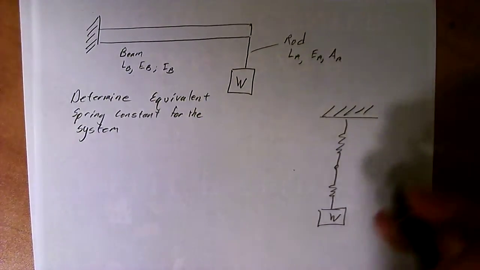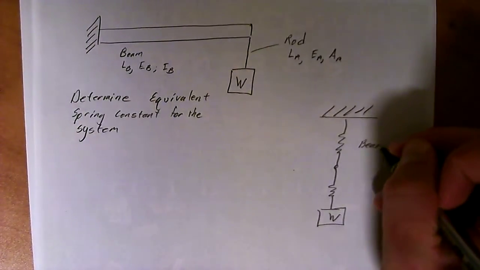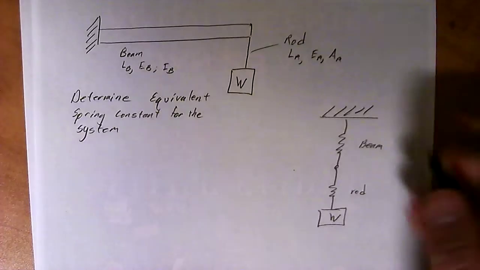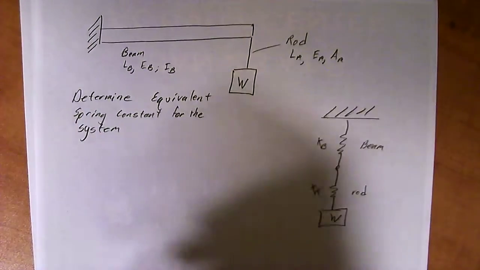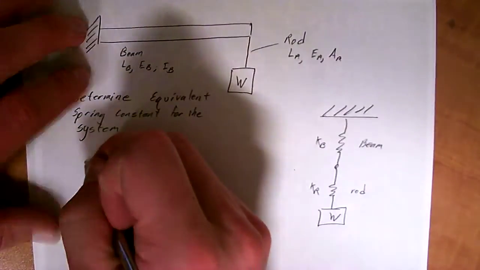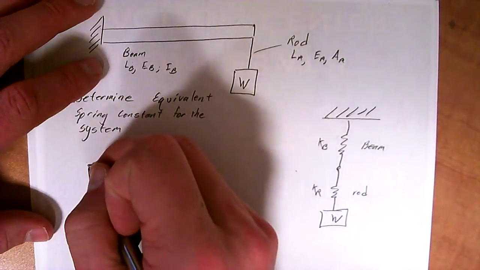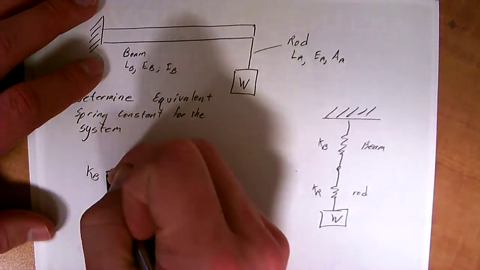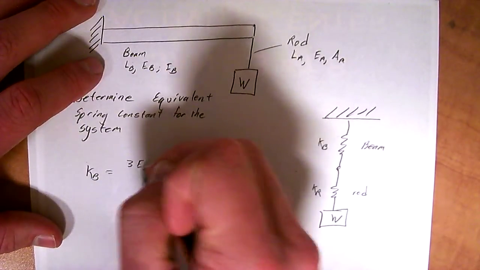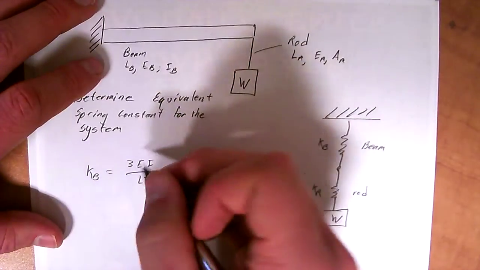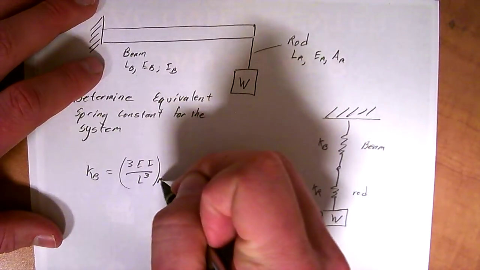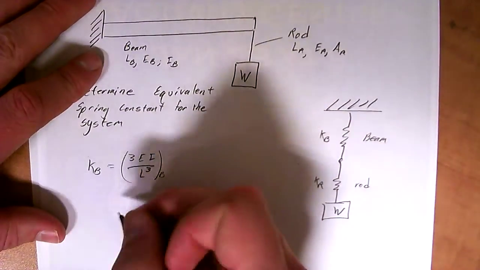So, since we have the beam and the rod, we're going to call these KB and KR. For a beam that is in bending like it is right here, the spring constant is equal to 3EI, so the moment of inertia, all over the length of it cubed, and I'll put a B down here just to make it even clearer.